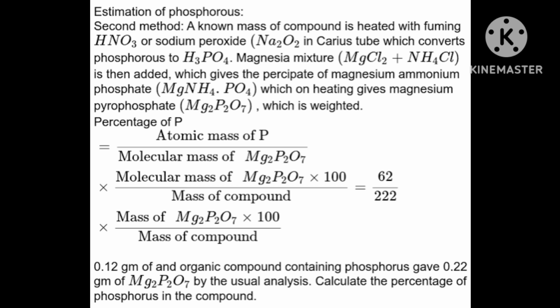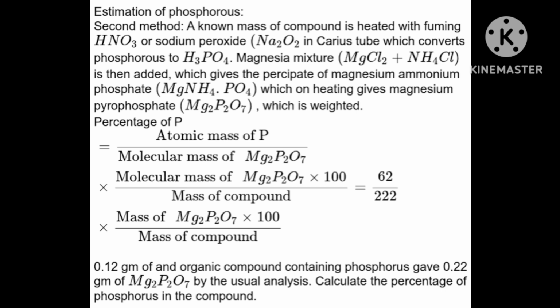Its formula will be (NH4)3. H3PO4 is there. In the place of H, 3H gone, and in the place of that, 3 NH4 has come, ammonium.